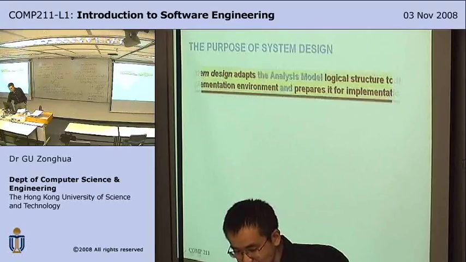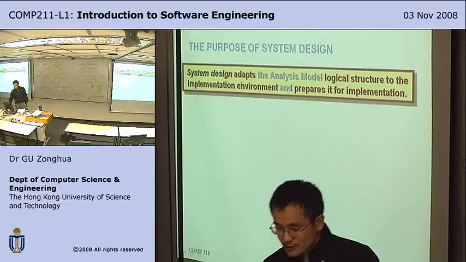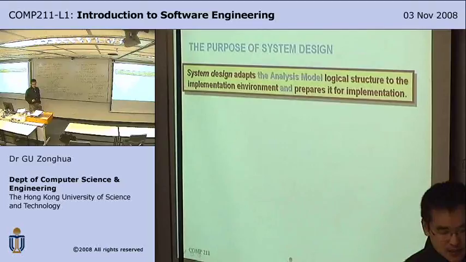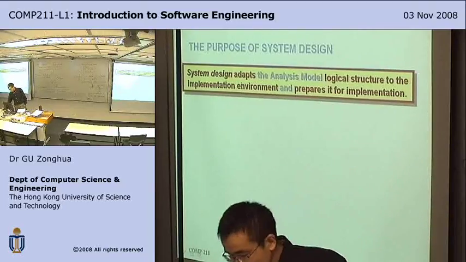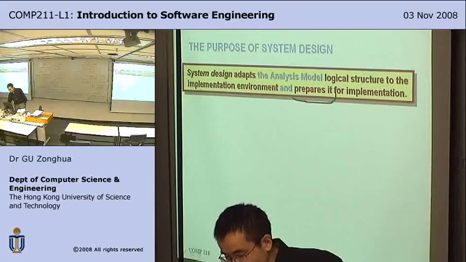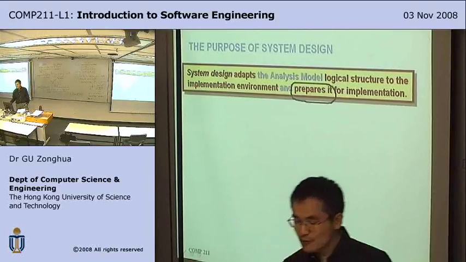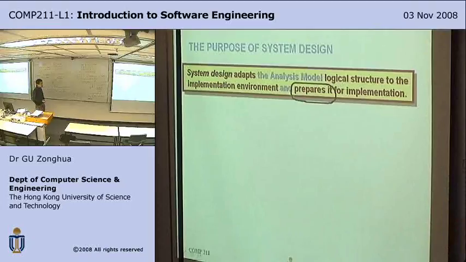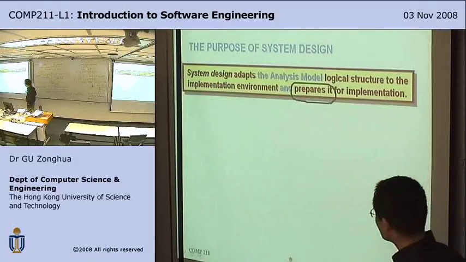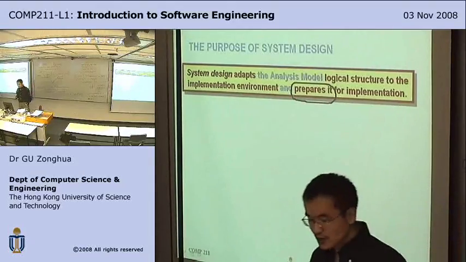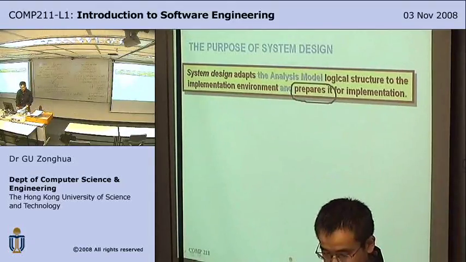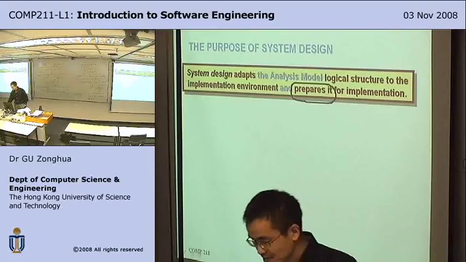So the system design adapts the analysis model logical structure to the implementation environment and prepares it for implementation. So it's not implementation yet, but we are bringing in a lot of the platform details like middleware and OS, so that the implementer would know how to write the code.